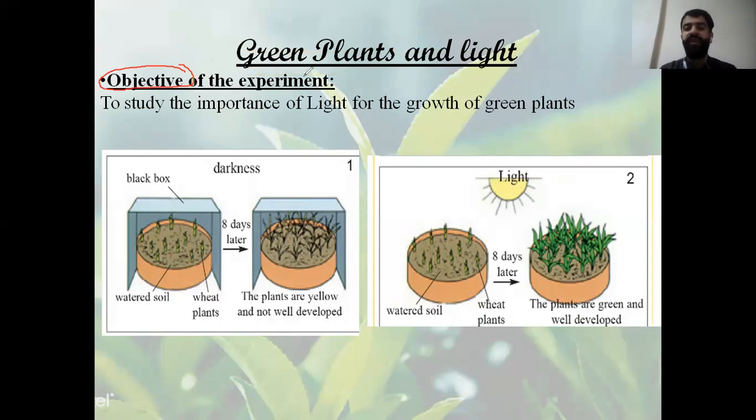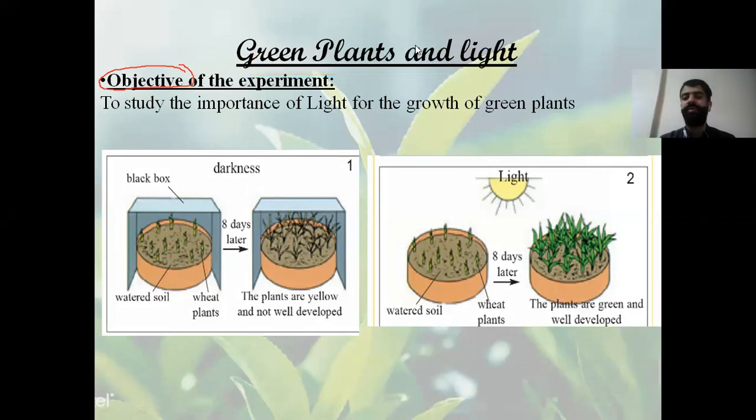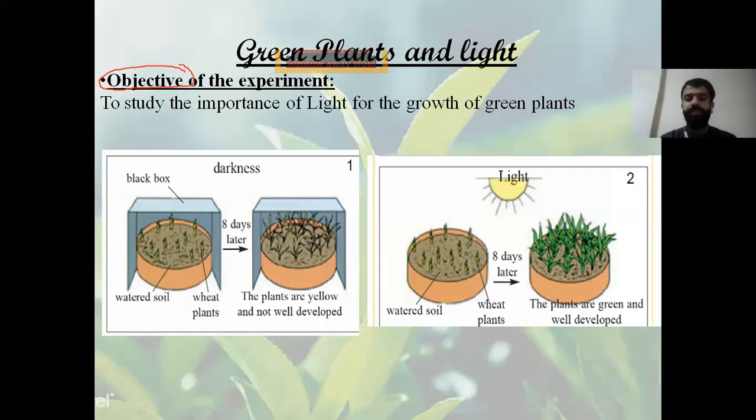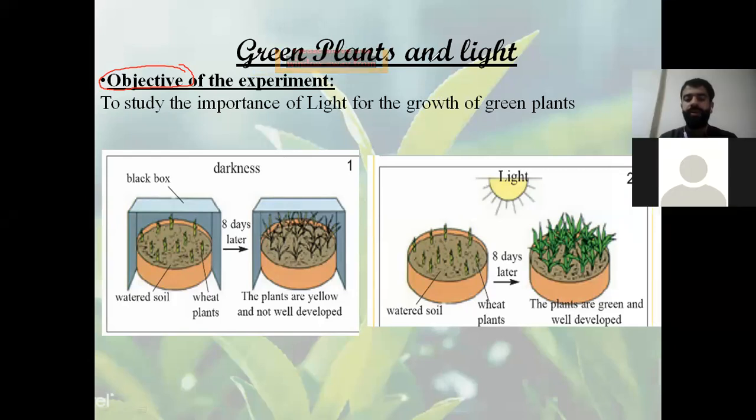So here, if I ask you, let's see, Lin, what is the posed problem? Yes, Lin, what is the posed problem? The posed problem, first of all, should be in the form of a question. Very good.